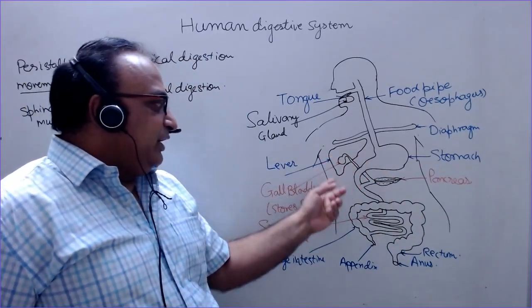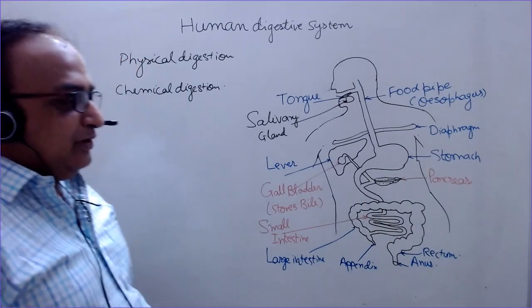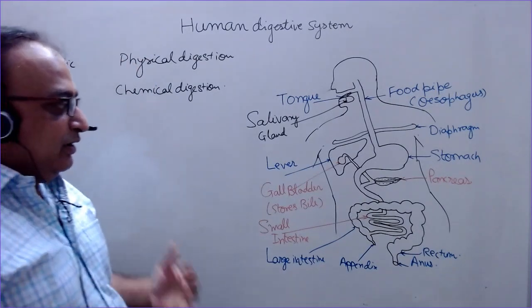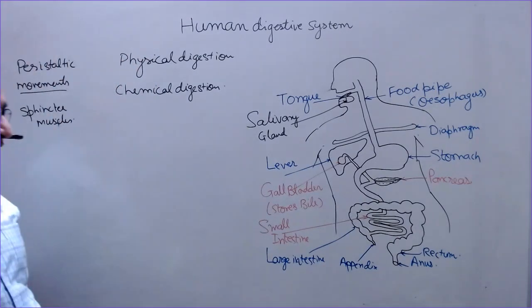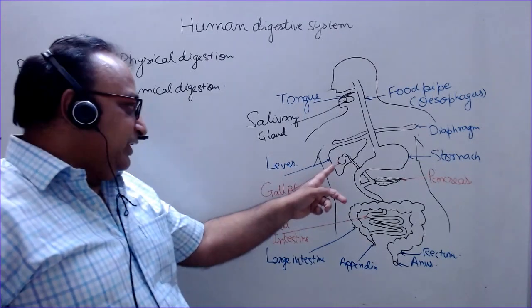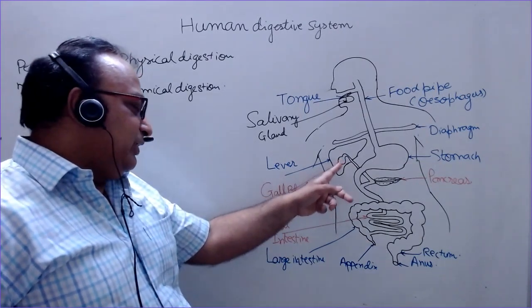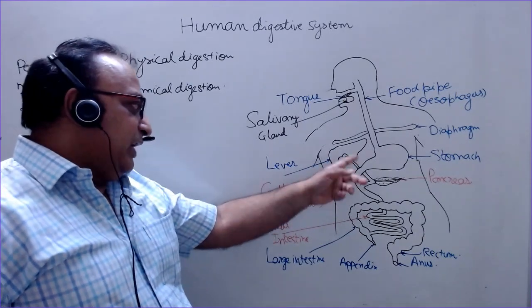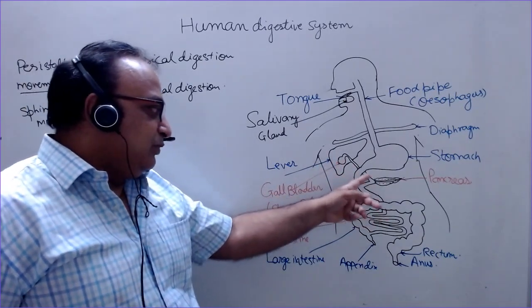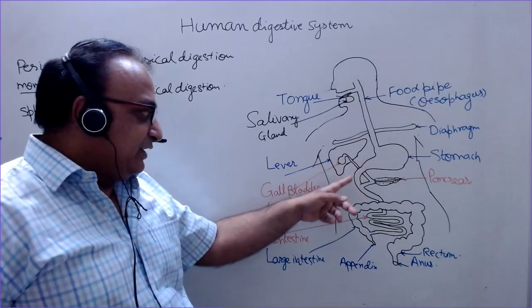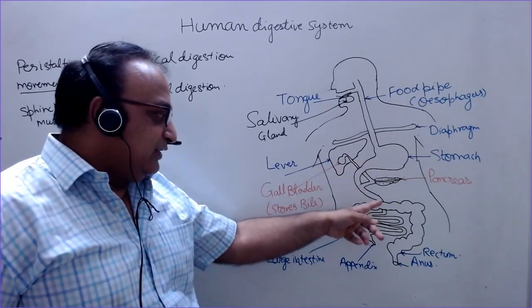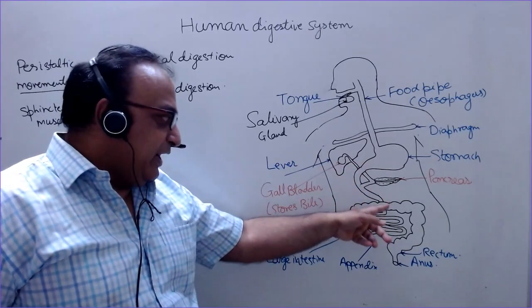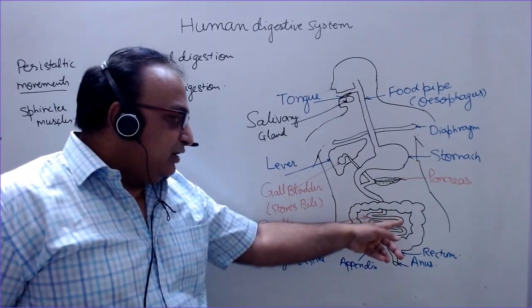The liver is the strongest organ of the body and the largest gland of the body. It contains the gallbladder, which stores the bile. Gallbladder and pancreas are both connected to the exit of the stomach.